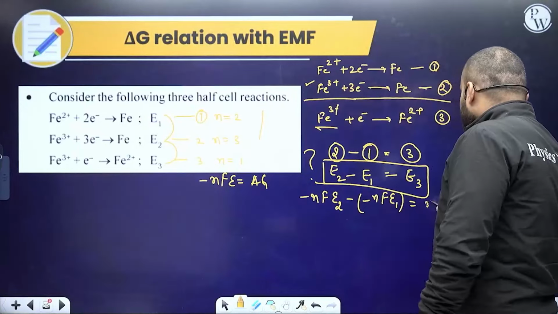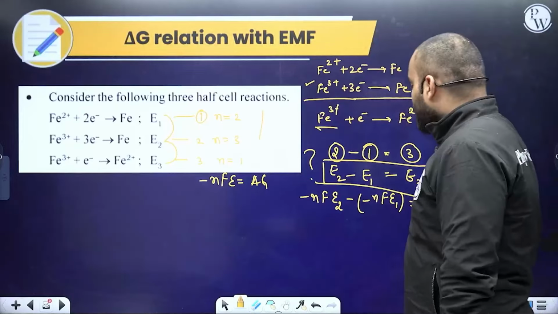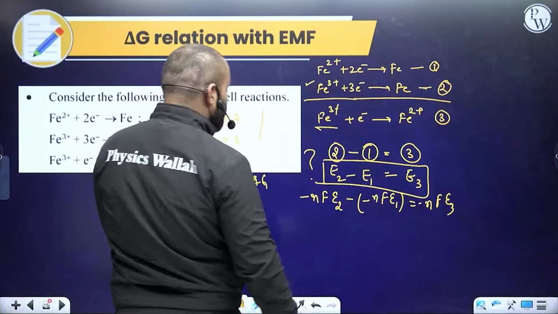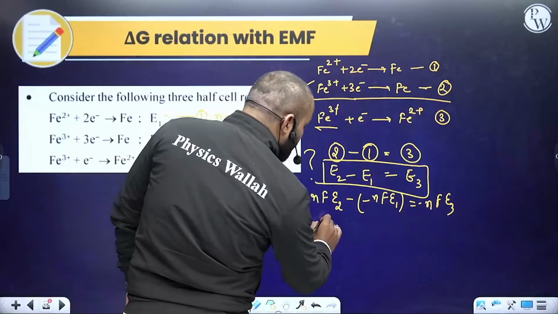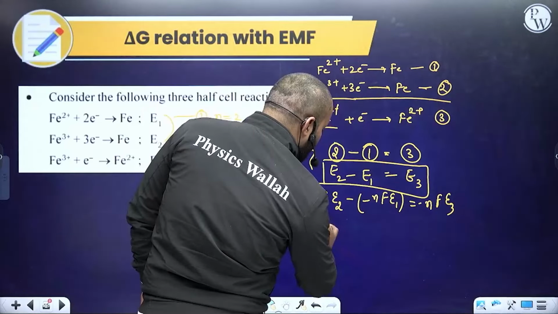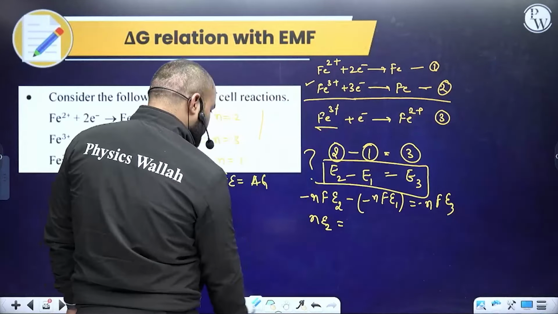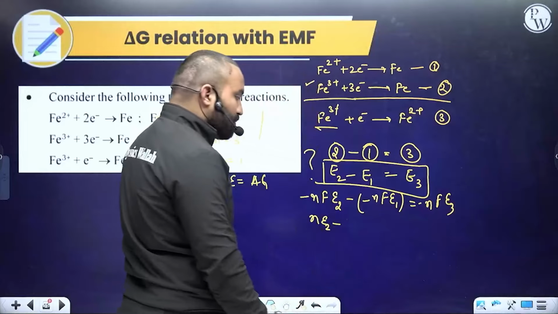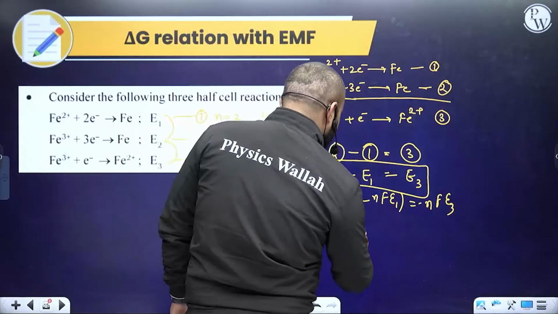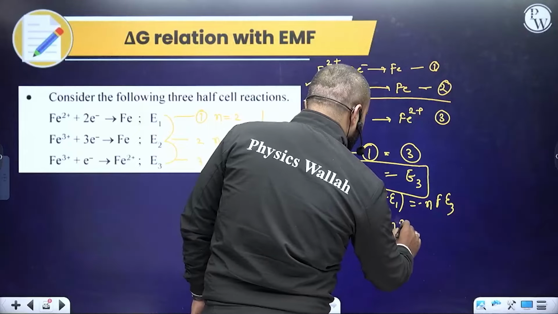That equals nFE minus nFE3. How many electrons in the second case? 3. Minus, minus, minus, let's cancel the minus. So here E2 into n should be plus. I'm just cancelling the minus, and cancelling minus 1, E1 equals n E3.